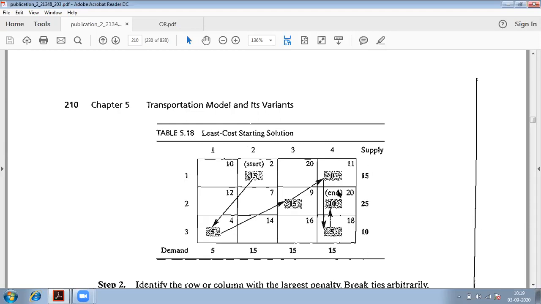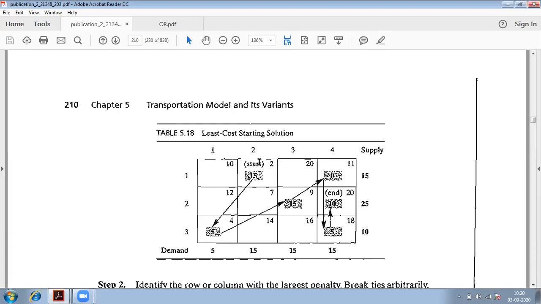And so 20 will not be there. Sorry, this is also balanced because it will not be there. 12, 4, 7, 14, and 9, 16, 20, 18 will be there. Among all the costs, 12, 7, 9, 20, 4, 14, 16, 19.